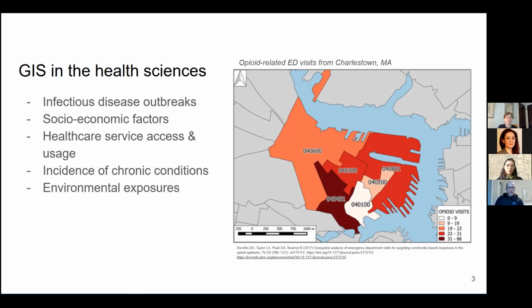It may also be something like the example that's on the map on this slide. This is from a 2017 study by some emergency medicine physicians at Harvard and Mass General in Boston. They basically analyzed their own patient data around opioid overdoses to try and get a sense for where, if anywhere within Boston, opioid overdoses may be concentrated.